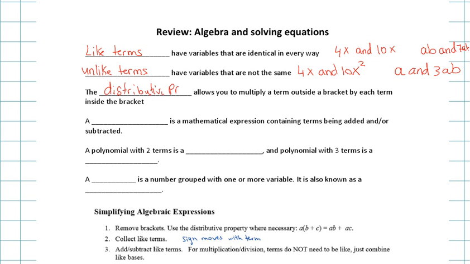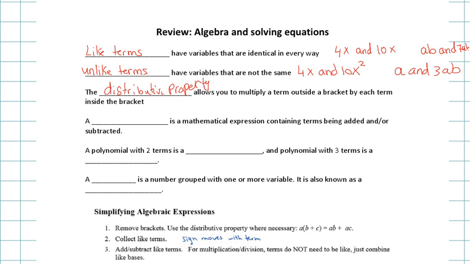If you look at this sheet right here, if you have 3 and then bracket 2 tacos plus a Sprite and then close bracket, that means you're ordering 3 combos. So you're going to end up with 6 tacos and 3 Sprites. And this is thanks to the distributive property.